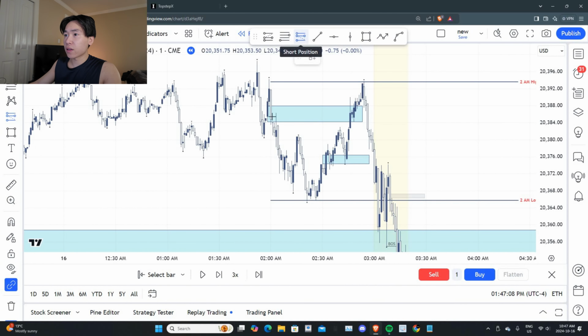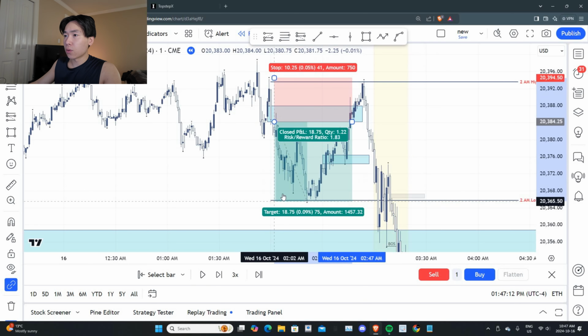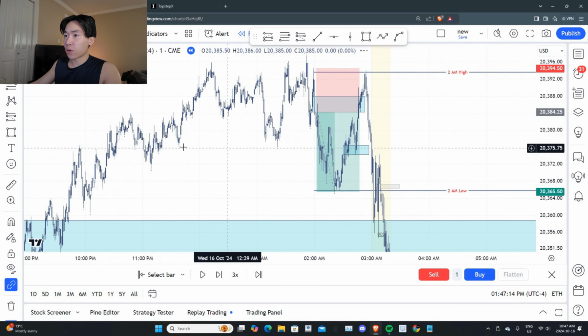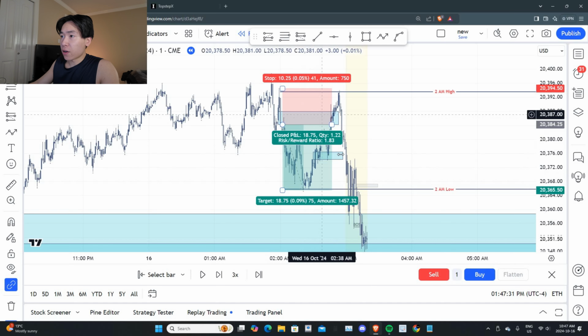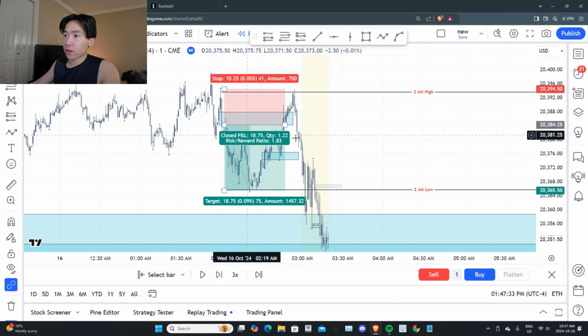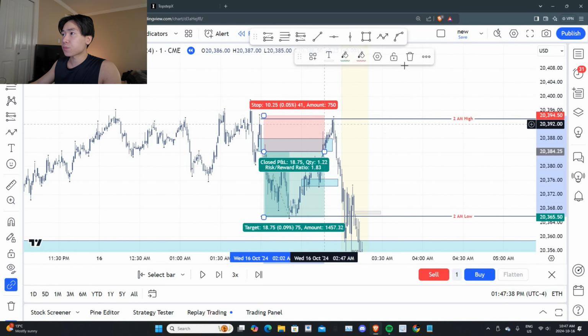So this was the initial bias to go lower, because here we even had a break of structure on the 5 minute to go down. But as price continued higher, I was like, okay, we're breaking structure higher, and I'm looking for price to continue higher to take out this buy side, right?